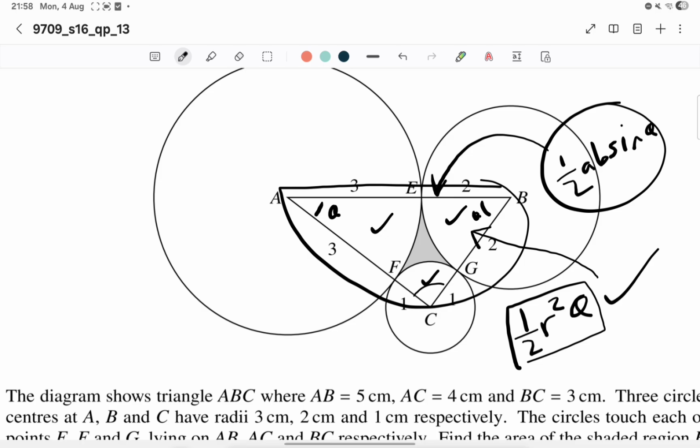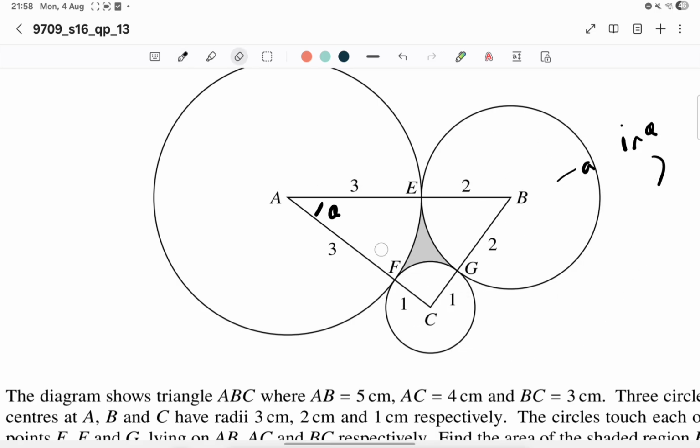Then we add the areas of these sectors, and subtract them from the area of the triangle. So for us to start our calculations, we need any one of these angles.